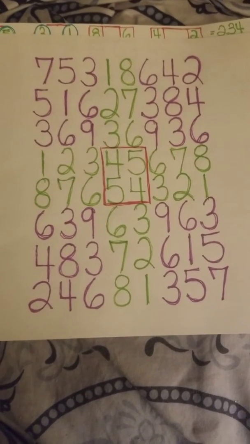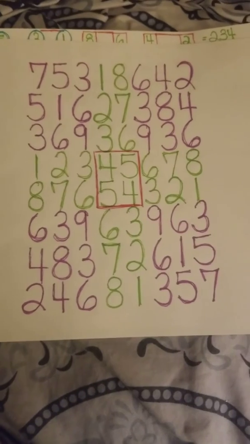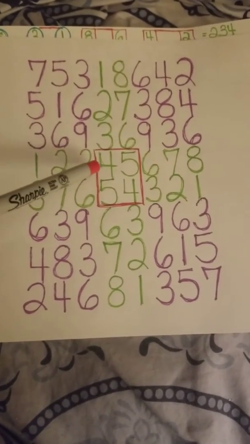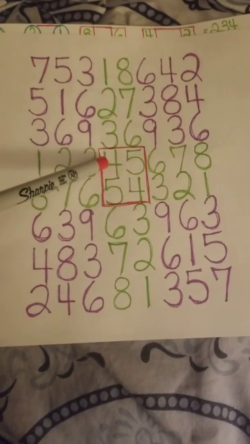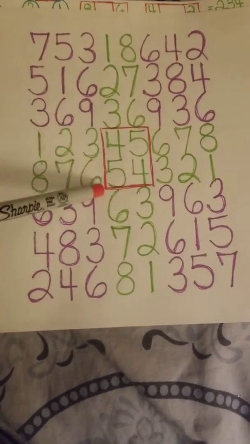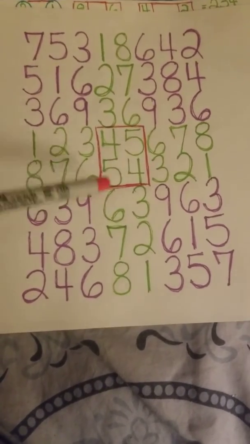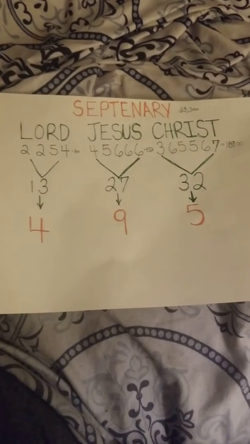Now, that's not the only part that will pretty much blow your mind. In the center, you have 45 and 54. Well, if you were to take the numbers 45 to 54 and add them together, so 45, 46, 47, 48, 49, 50, 51, 52, 53, 54, you'd get the number 495.